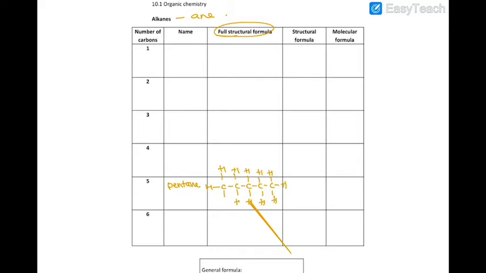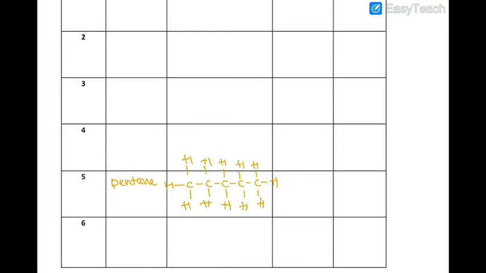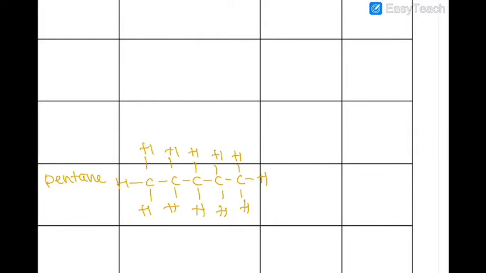And then for the structural formula, I will be writing the group of atoms that I have. So I have CH3, CH2. If you count the CH2, there's 1 CH2, 2 CH2, and 3 CH2 groups. So CH2 3 times, and then it ends with a CH3.